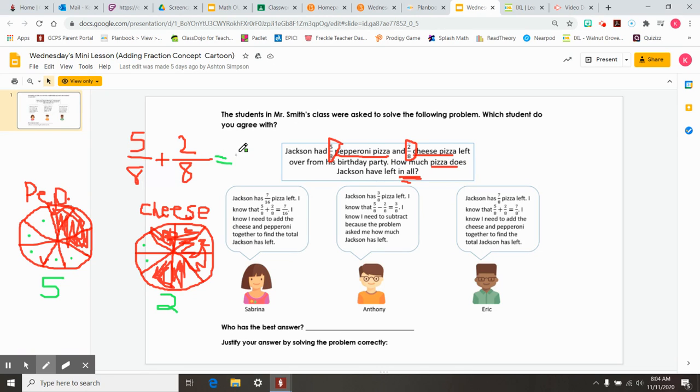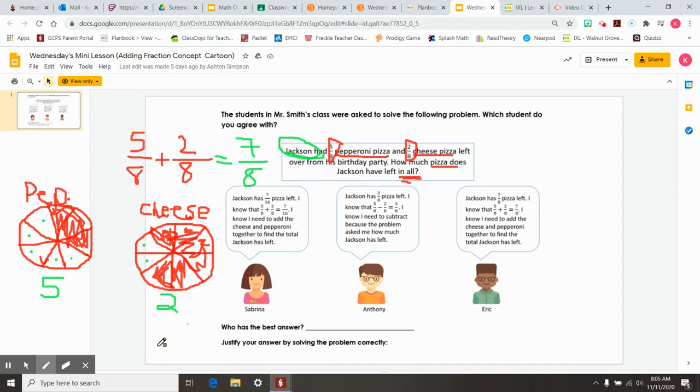So totally, I would have 7/8 of both pizzas left over because there were 8 total pieces here, 8 total pieces here, and I had 7 out of both left over. So Jackson should have 7/8 of a pizza left in all.